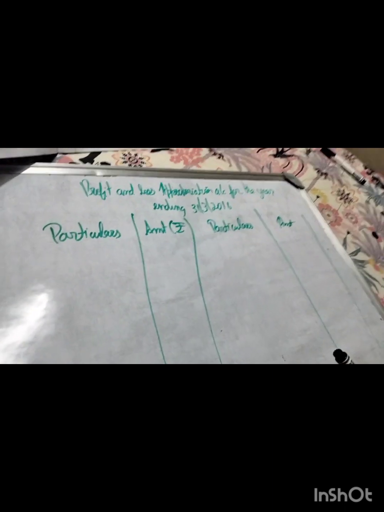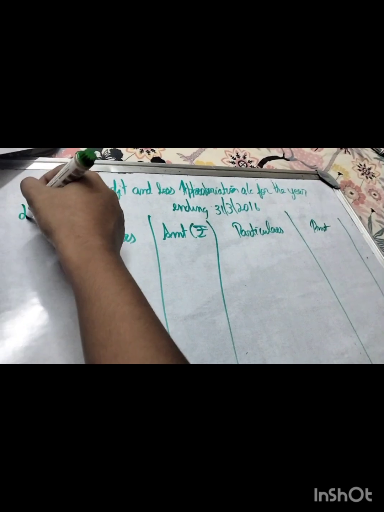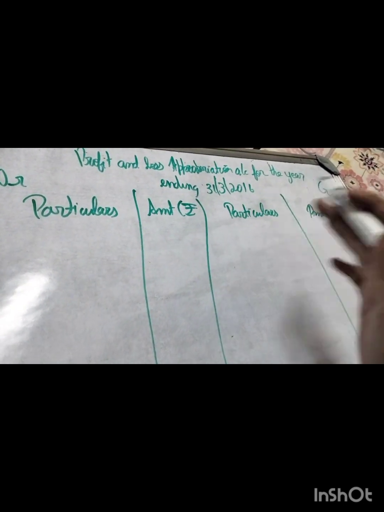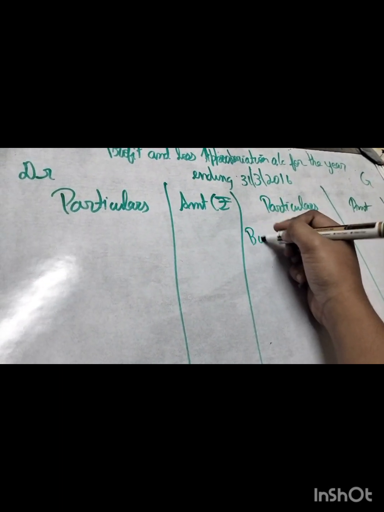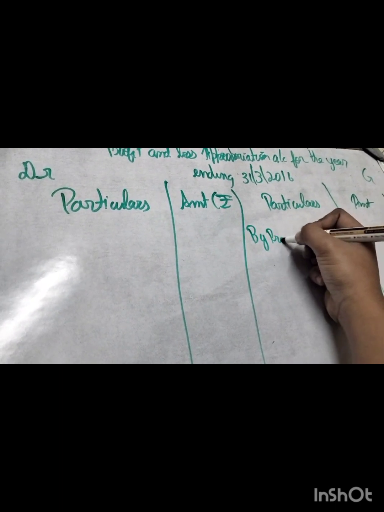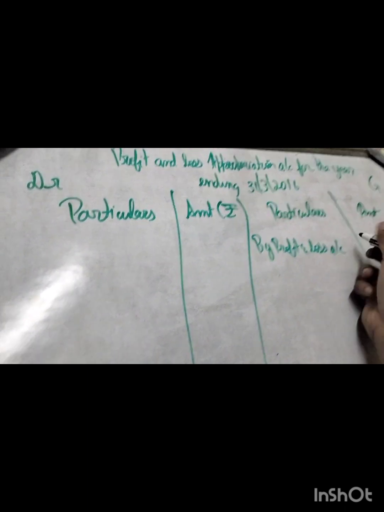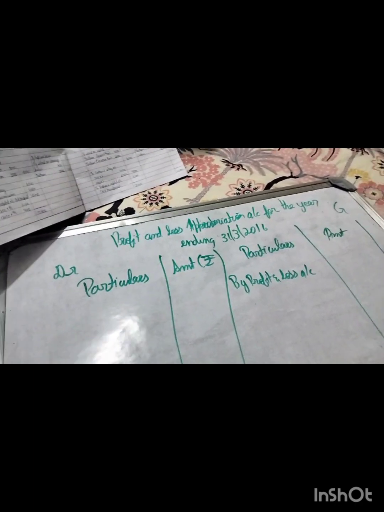Okay, so first, this is your debit, this is your credit. So always on the credit side, make sure the first thing that you write is by profit and loss account. So in the question that we just read right now, they have clearly given that they earn the profits of ₹36,000.